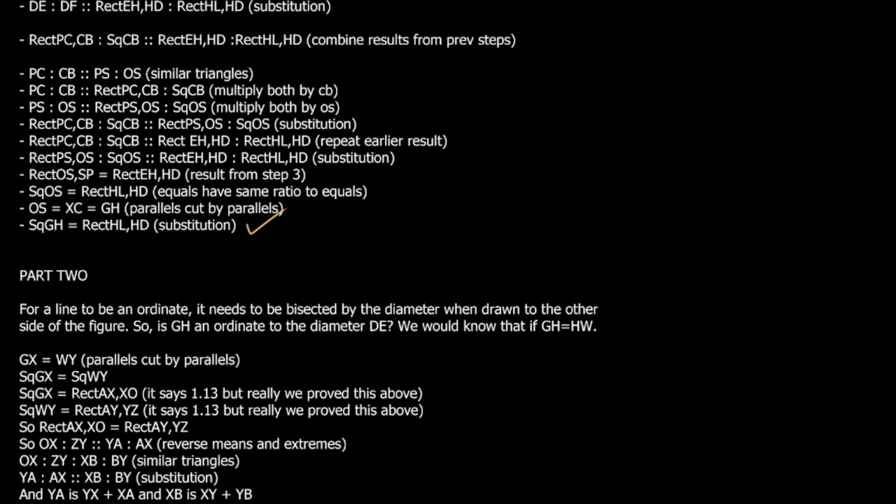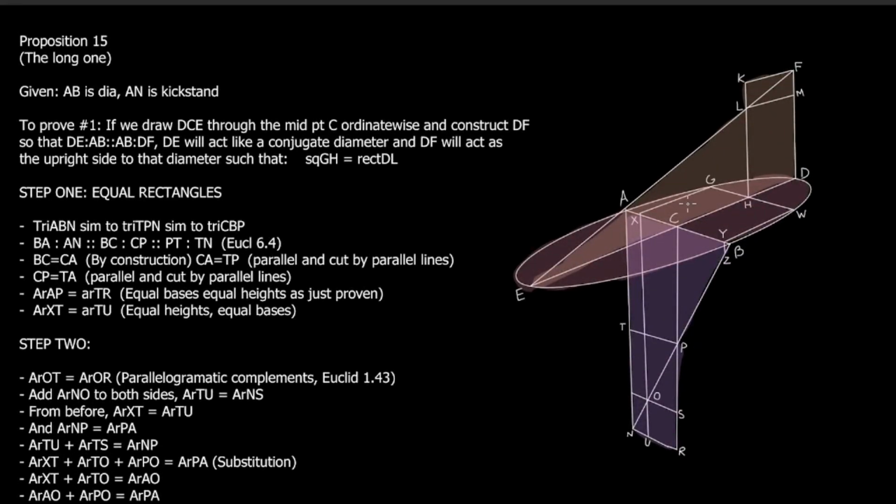Let's look at what that is. So that's the square on GH is equal to the rectangle HL, HD. So that's as if GH is acting as an ordinate to this diameter and DF is acting as an upright side to that diameter. So this might be a conjugate diameter to the diameter AB.